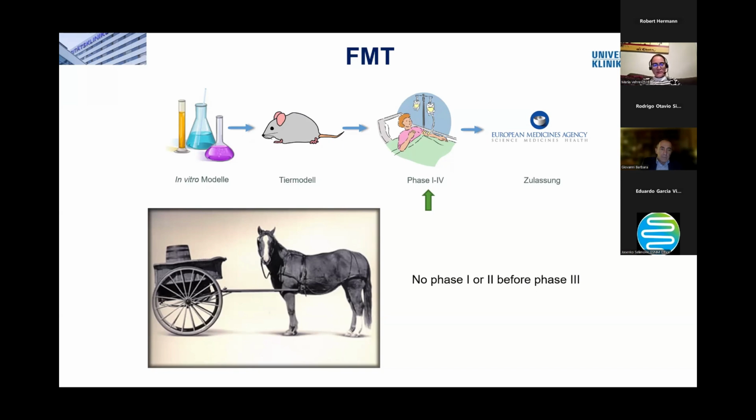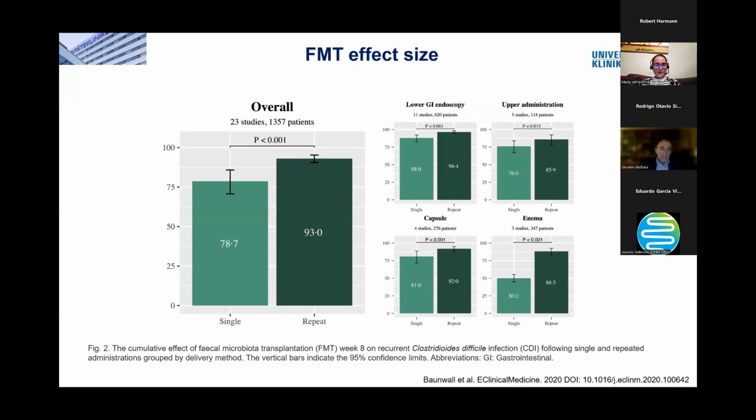And that really gave a whole new dynamic to FMT treatment, and many other trials followed the first trial that was performed and published in 2013. And now, about 11 years later, we have a number of randomized controlled trials and large case studies.